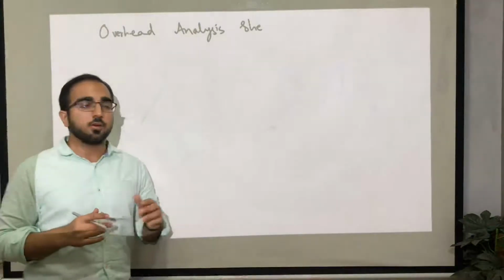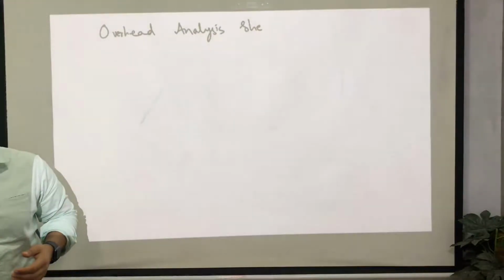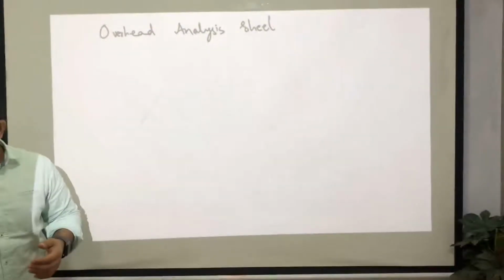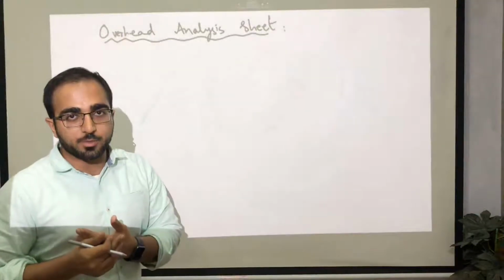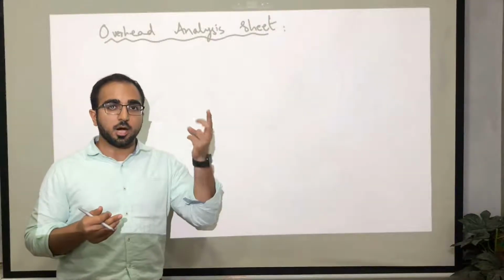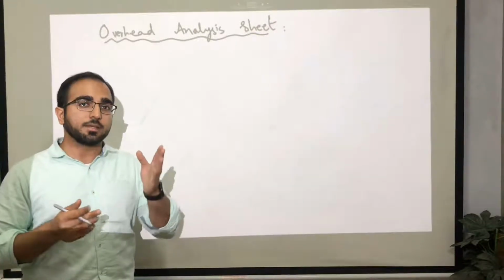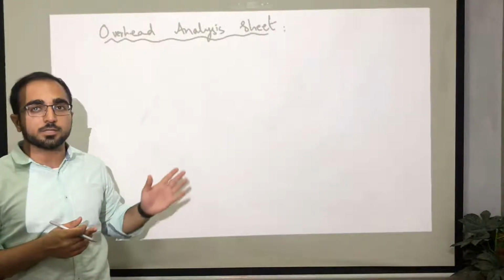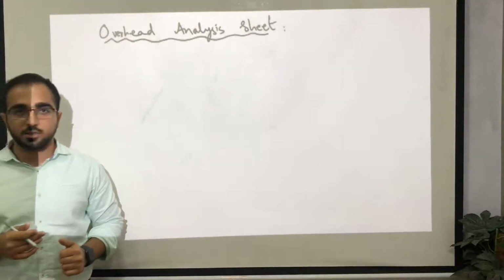All this is recorded in an overhead analysis sheet, which lists all the overheads for all the departments, allocated, apportioned, and then reapportioned as well. At the end you will only be left with overheads for the production departments. We'll look into that question in a bit.